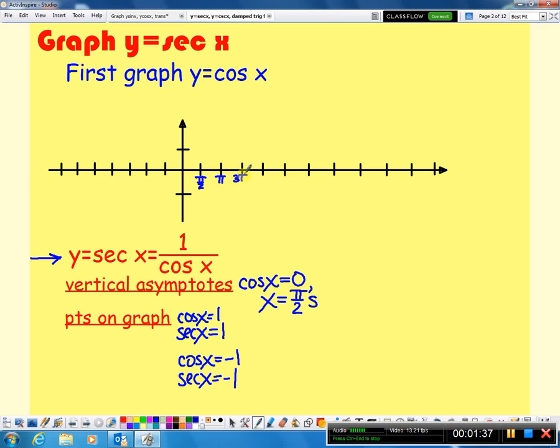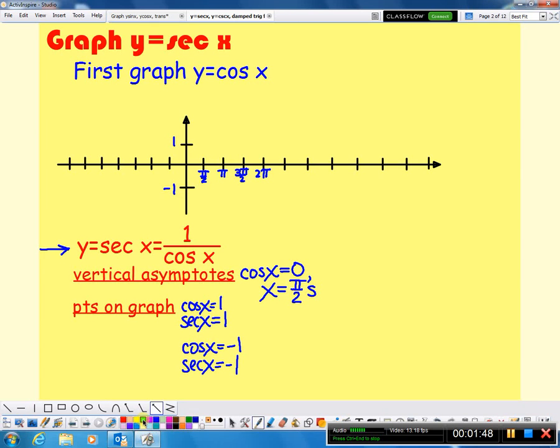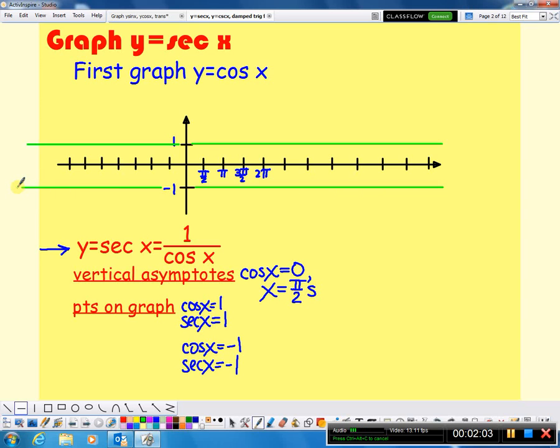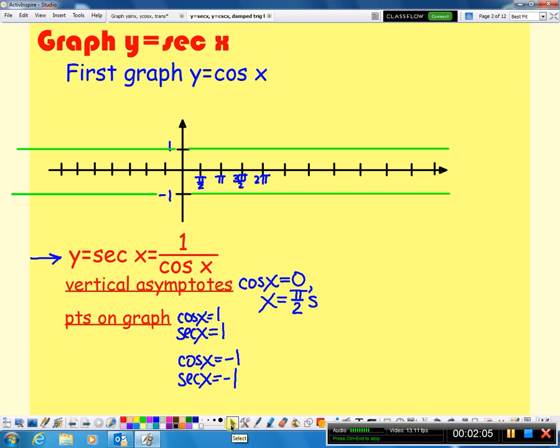So I'm scaling my x-axis like you're supposed to do. And I'm going to go ahead and draw in my dotted guidelines because I think they're really helpful. And it'll keep my graph really nice and neat. And now I am going to go ahead and proceed with graphing y equals cosine x.